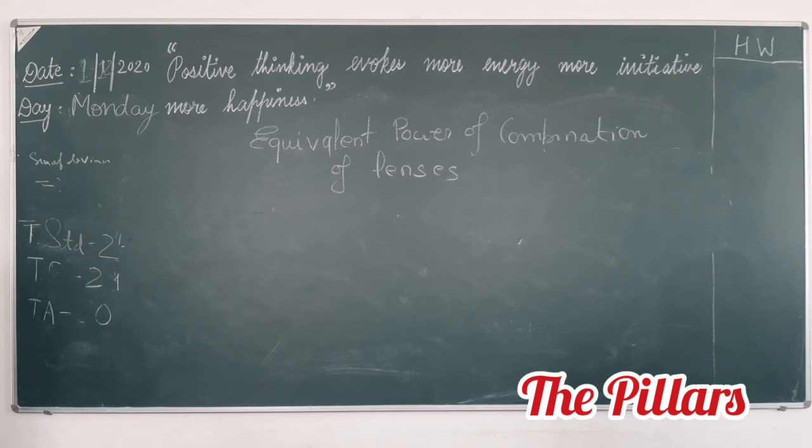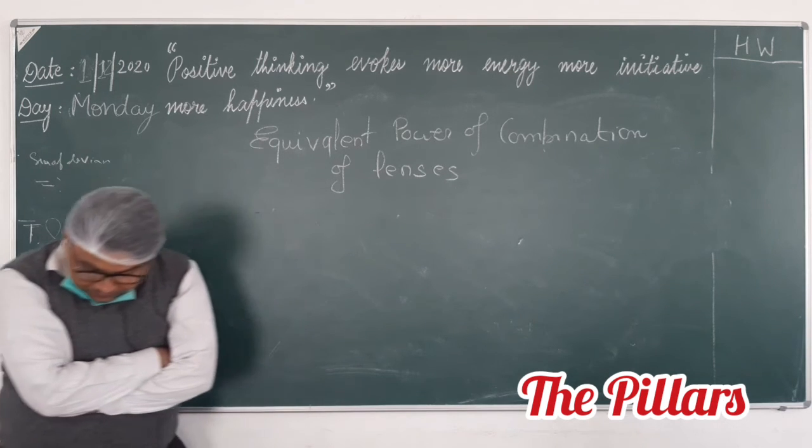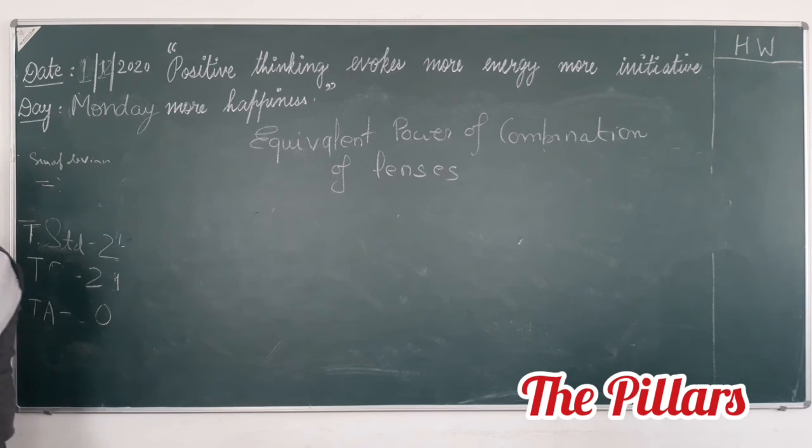A convex lens of power plus 2D is in combination with a concave lens of power minus 4D.